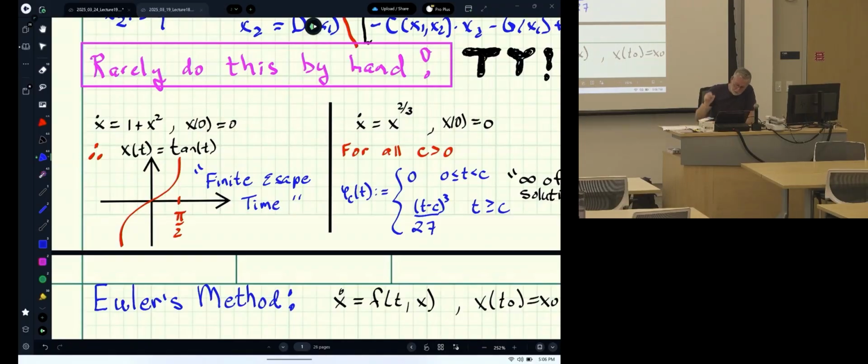We know delta is equal to pi over 2 when we start at x at 0 equals 0. If you were to start at a different initial condition, delta will be shorter, okay? Because it's going to start from there and still blow up at pi over 2. And if you get closer and closer to pi over 2, your delta is going to get smaller and smaller.